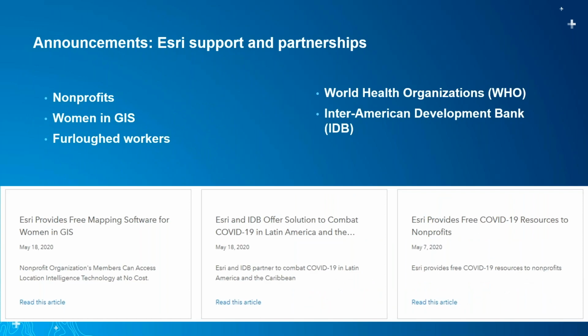Since then, we've made other announcements with the Inter-American Development Bank and others, and have initiatives to support nonprofits, women in GIS, and to provide GIS training resources to furloughed workers, to provide opportunities to those individuals who might want to change careers and join the geospatial industry.